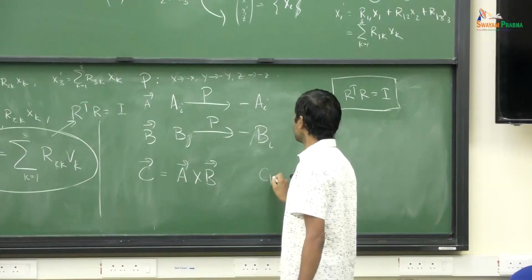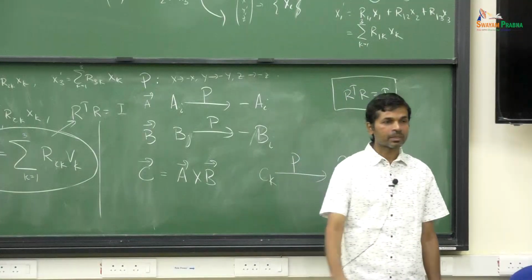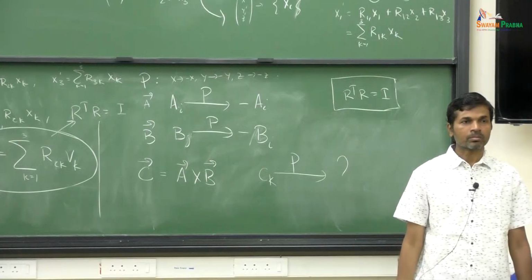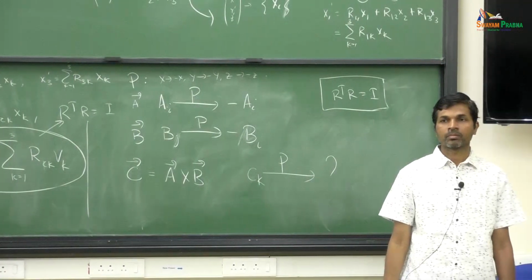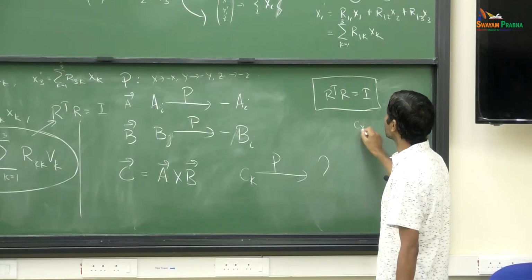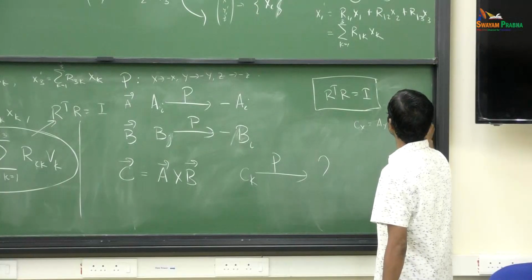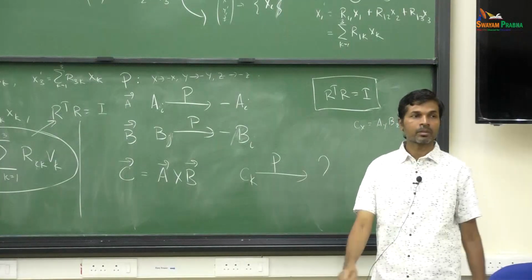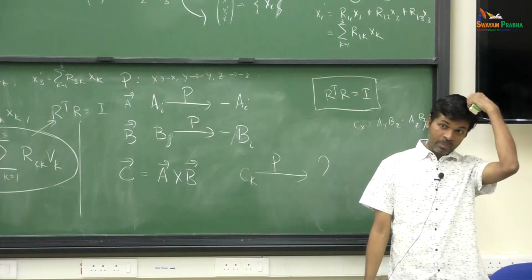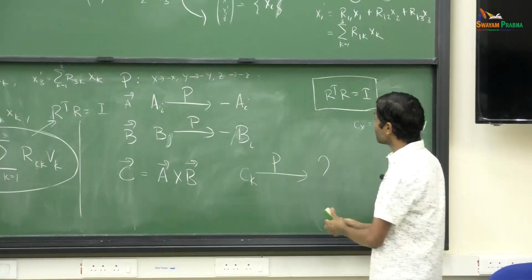Suppose Ck under parity, what happens to these components? Who can tell what happens? Let's say Cx, okay, Cx is Ay Bz minus Az By. What happens under parity? They will all be the same, okay?